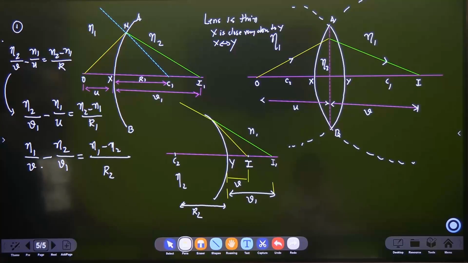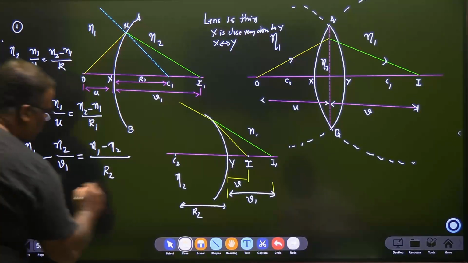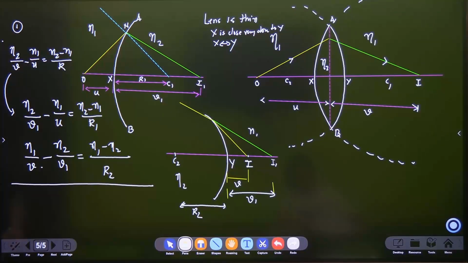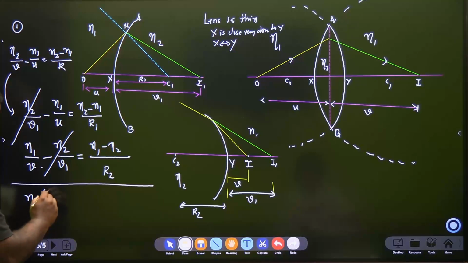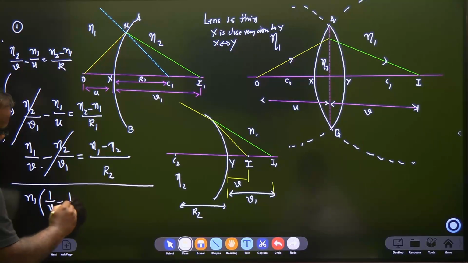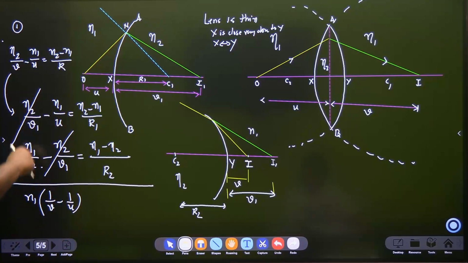Eta 2. Perfect. Can I add these two? If I add these two, then this one cancels this one. Fine. It becomes eta 1 common, 1 upon V minus 1 upon U. Just see, eta 1 common, 1 upon V minus 1 upon U.